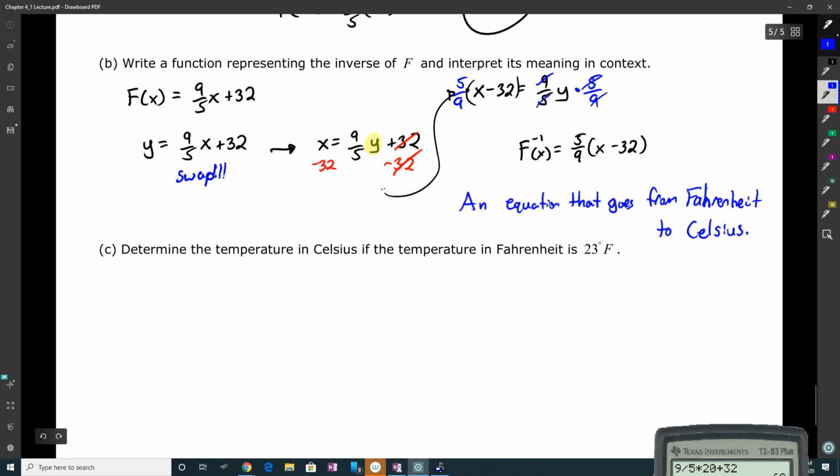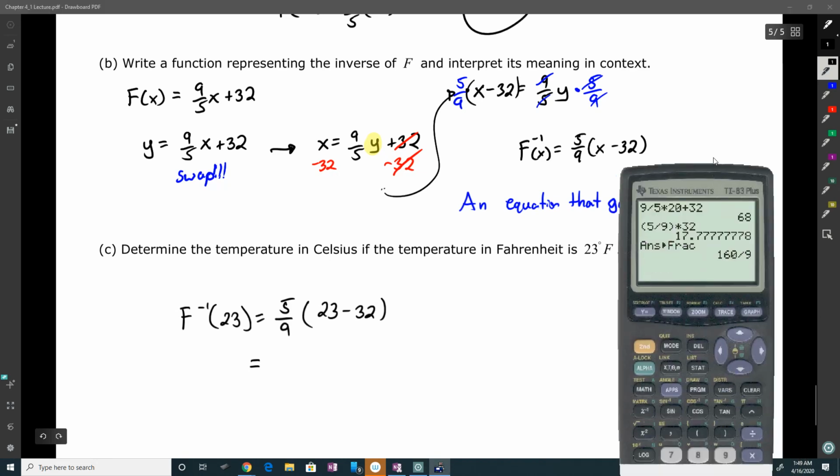Okay, so that's that. Now determine the temperature in Celsius if the temperature in Fahrenheit is 23. And so we're just going to use the inverse equation. So 23 degrees Fahrenheit is really cold, below freezing. And so what would that be in Celsius? Which actually makes a lot more sense in the real world, but whatever.